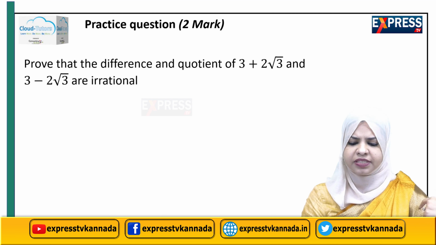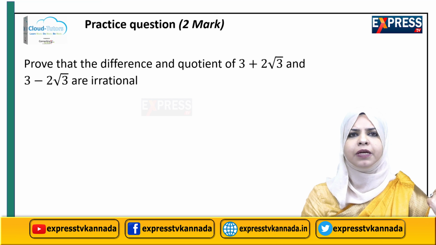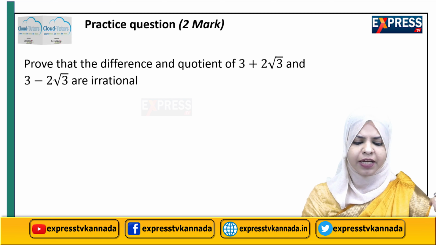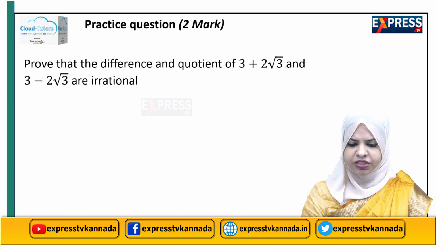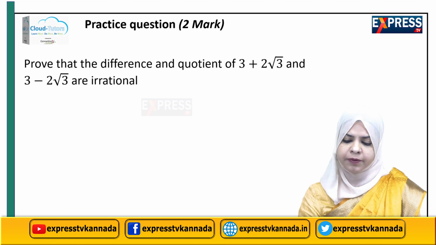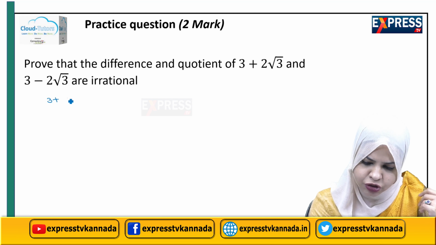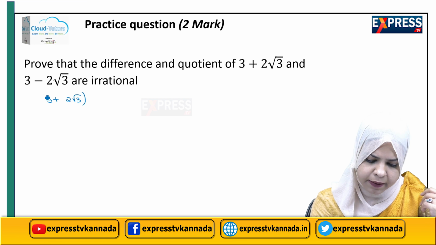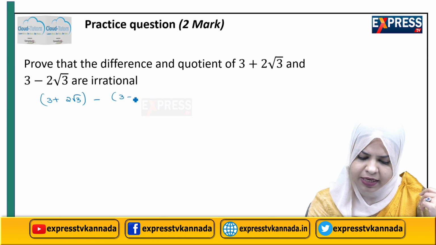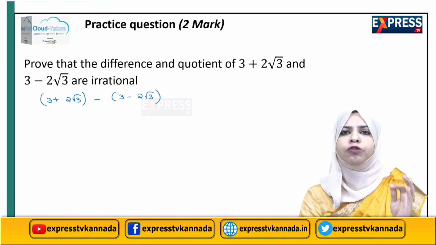Prove that the difference and quotient of 3 plus 2 root 3 and 3 minus 2 root 3 are irrational. So let's prove this. Difference, so that means 3 plus 2 root 3 minus 3 minus 2 root 3. The answer should be irrational.